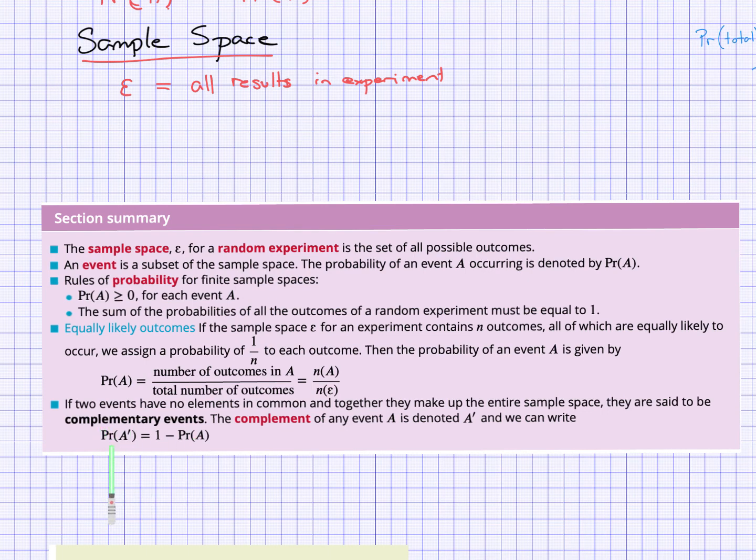We can also flip things around like we just did and look at the chances of not this happening by subtracting this happening from 1, which tells us the special word is complementary events. You might remember that word from complementary angles, where they have to add to make 90 degrees. And this one they add to make 1, or 1 whole.